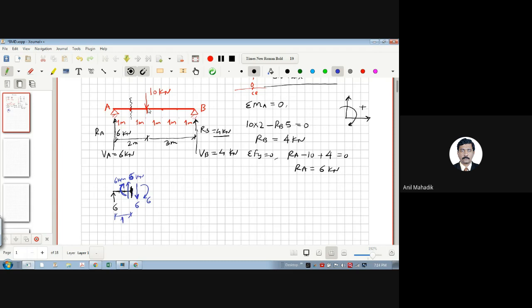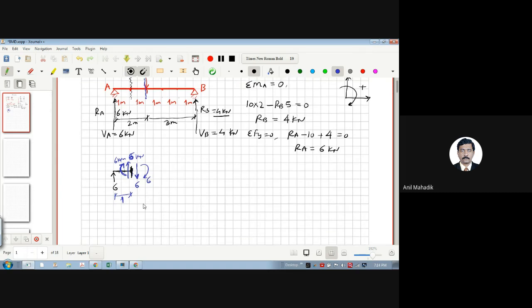Now if I consider the section at this point load, but just to the left side, let's consider the section just to the left and draw this loading diagram.